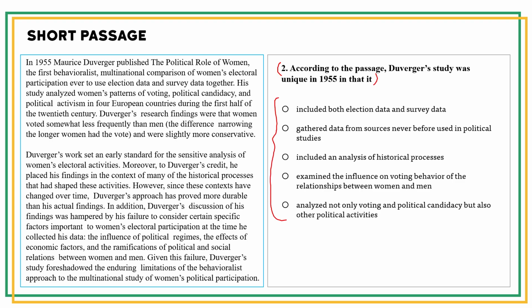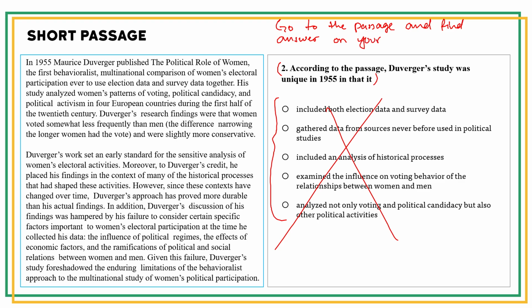That should be your first instinct. Just forget about them. Go to the passage and find the answer on your own. This is something that you stay with while you're doing short passages.